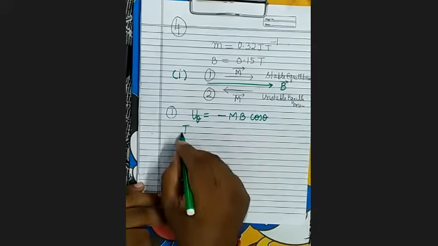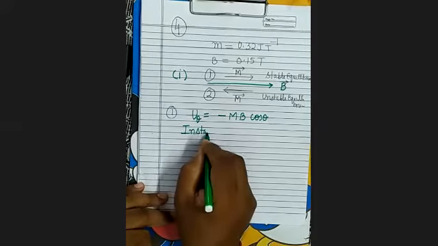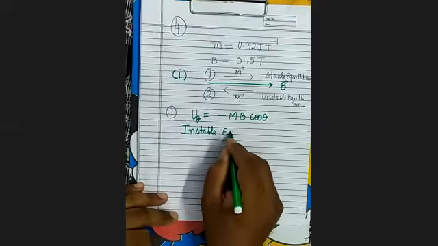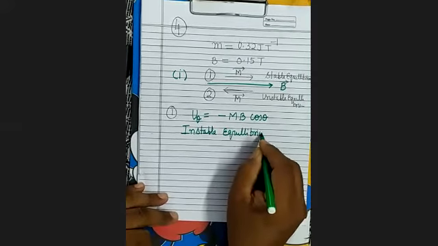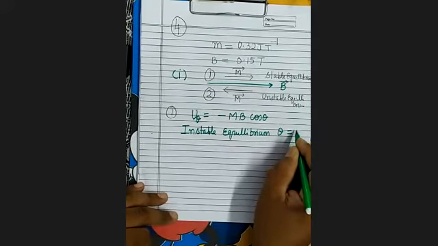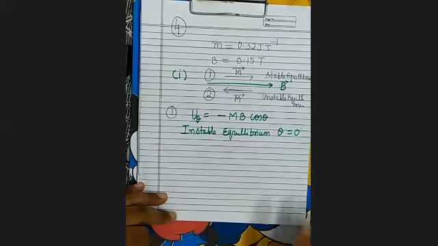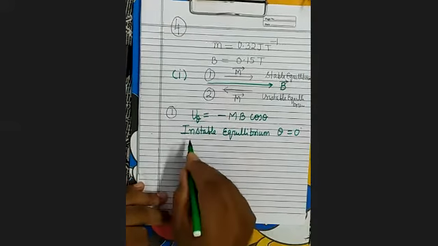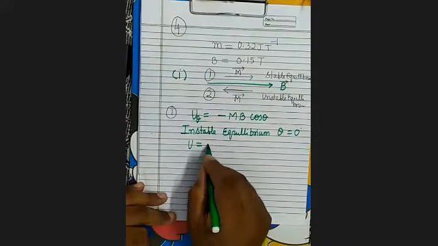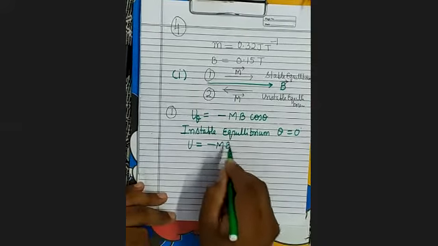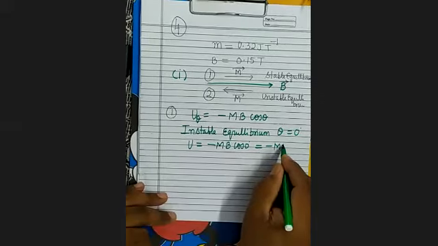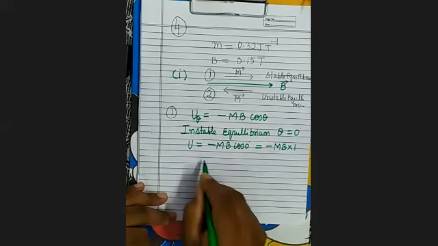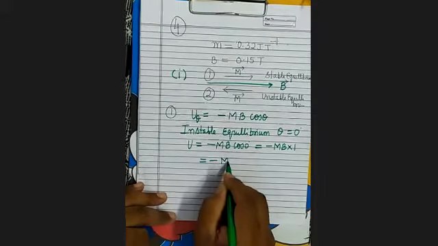In stable equilibrium, what is theta? Theta equals 0 degree. So U equals minus mB cos 0. Cos 0 degree is 1. That equals minus mB.